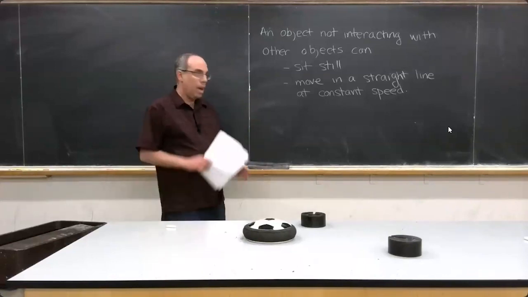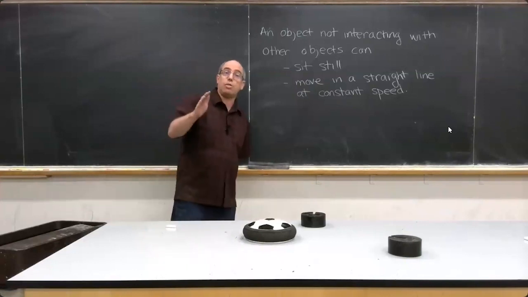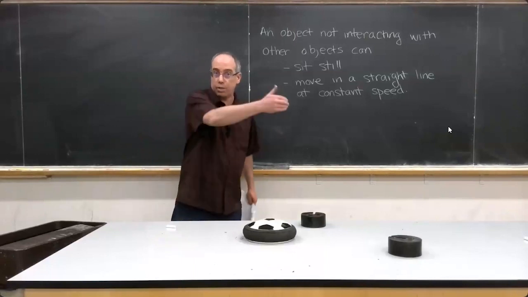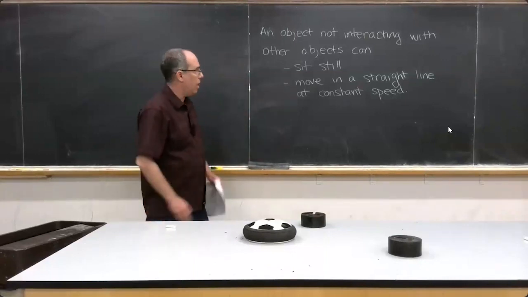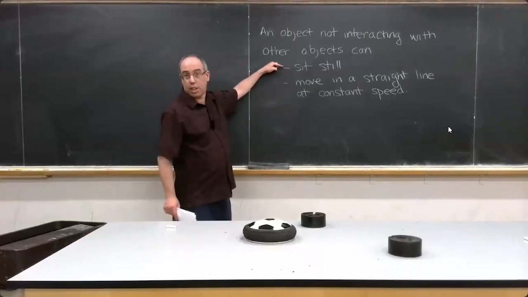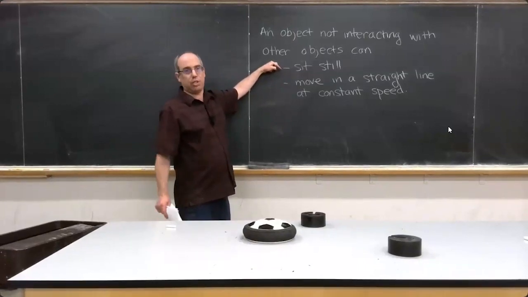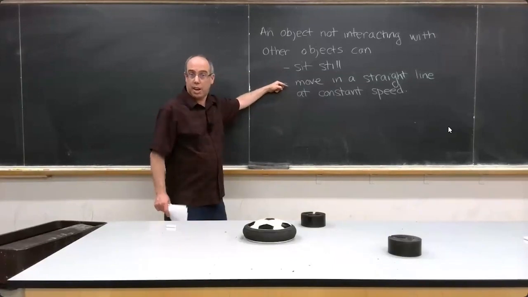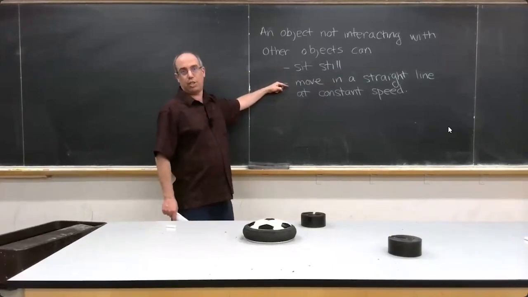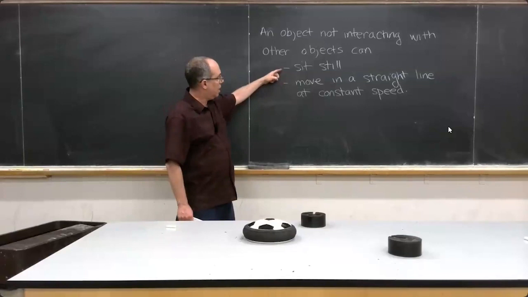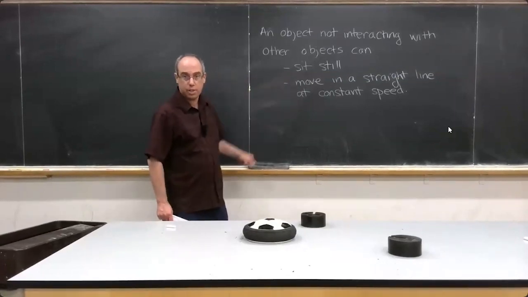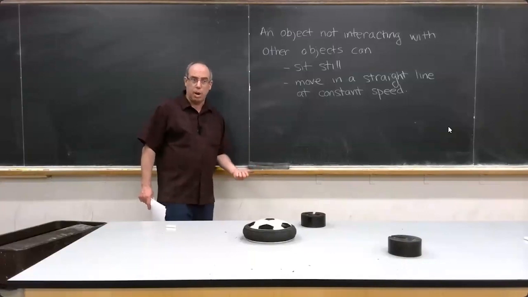Can it change its direction of motion, like turn left or turn right, for example? If an object is sitting still, is it changing its direction of motion? No. If it is moving in a straight line at constant speed, is it changing its direction of motion? No. So an object which is not interacting with other objects is not changing its direction of motion.